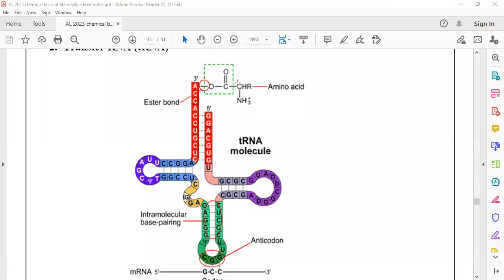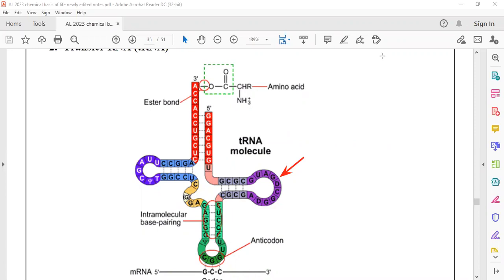Every portion here is called a loop. This is a loop. Like that, there are 3 loops there. But you can see it's a single molecule.